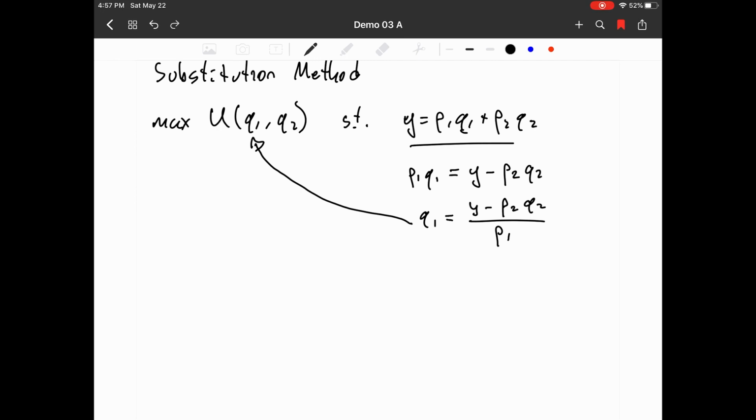Sometimes people call this reducing the dimension of the problem. Here, we're just calling this the substitution method, just as a shorthand. But we've essentially restricted what's possible in the utility function according to some line. There are ways of visualizing this in higher dimensions, but essentially we're just slicing the utility function according to the budget constraint.